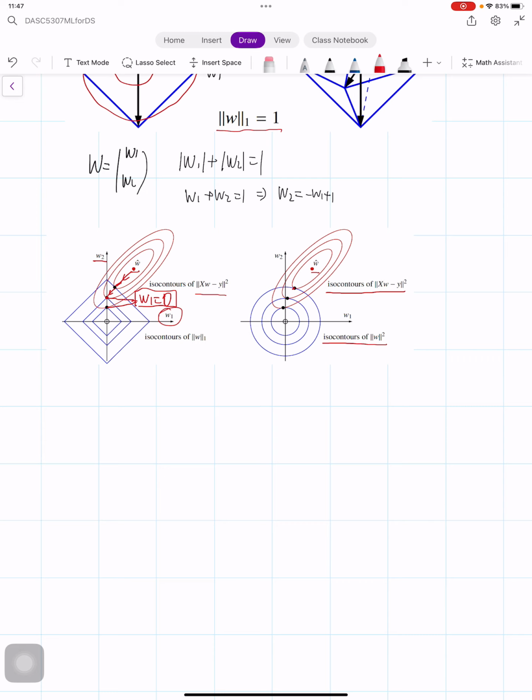In this case W1 is not important because the feature X1 gets the weight equal to 0. So that's the rough idea: the weight W1 gets to 0, and that's what we want to happen.